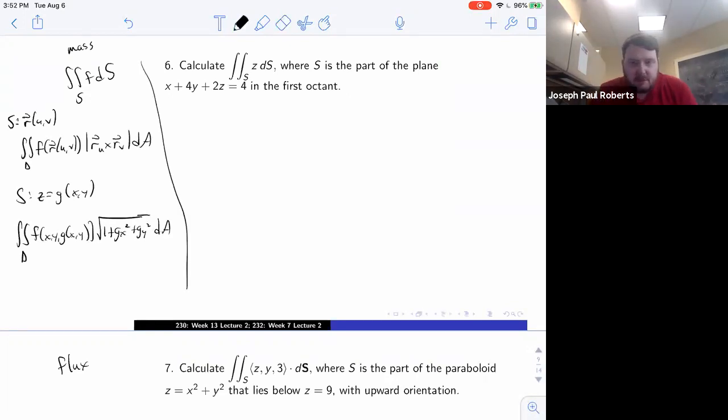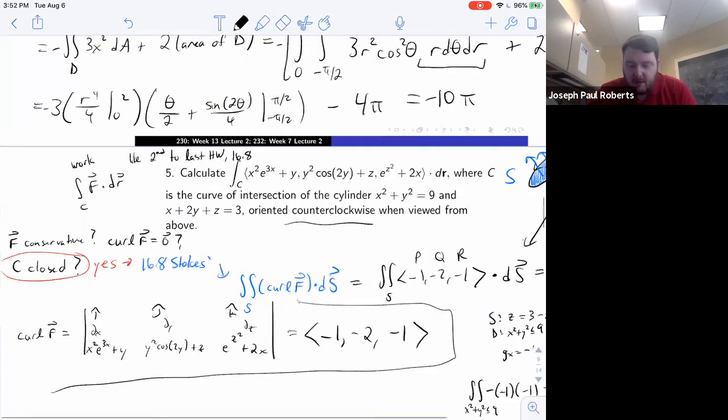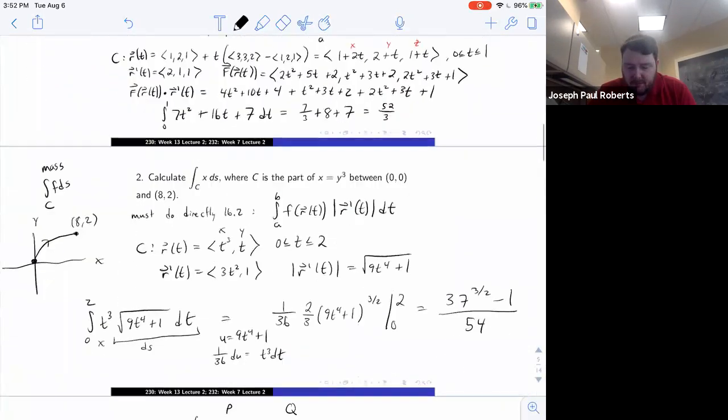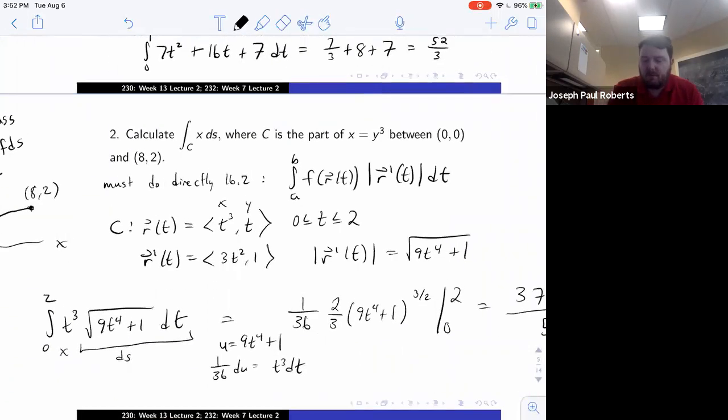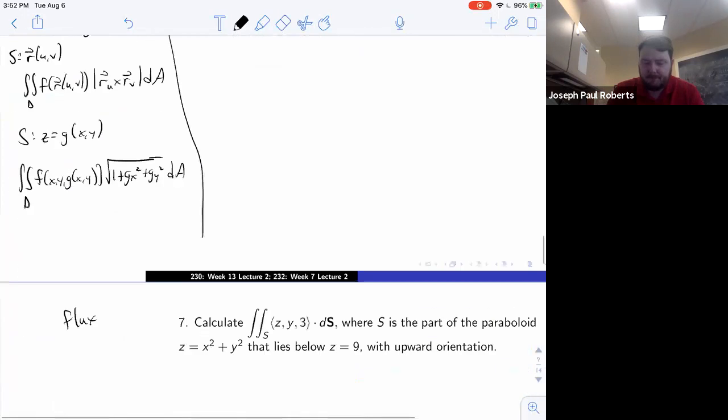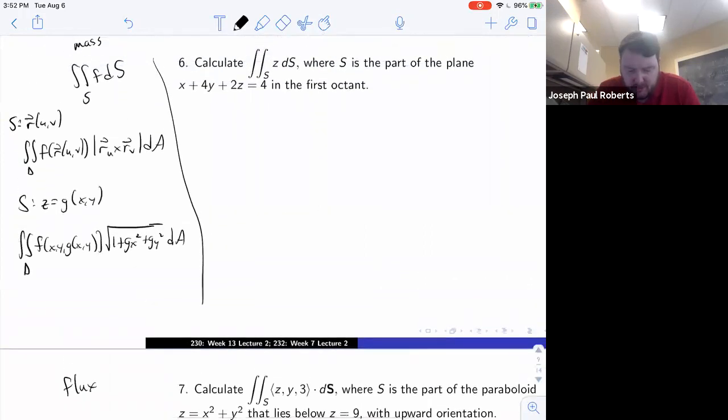So it's analogous to the scalar line integral situation, where you have the length of some vector here. That's what we have here. The length of this cross product, which in the z equals g of xy situation ends up being that square root 1 plus gx squared plus gy squared.